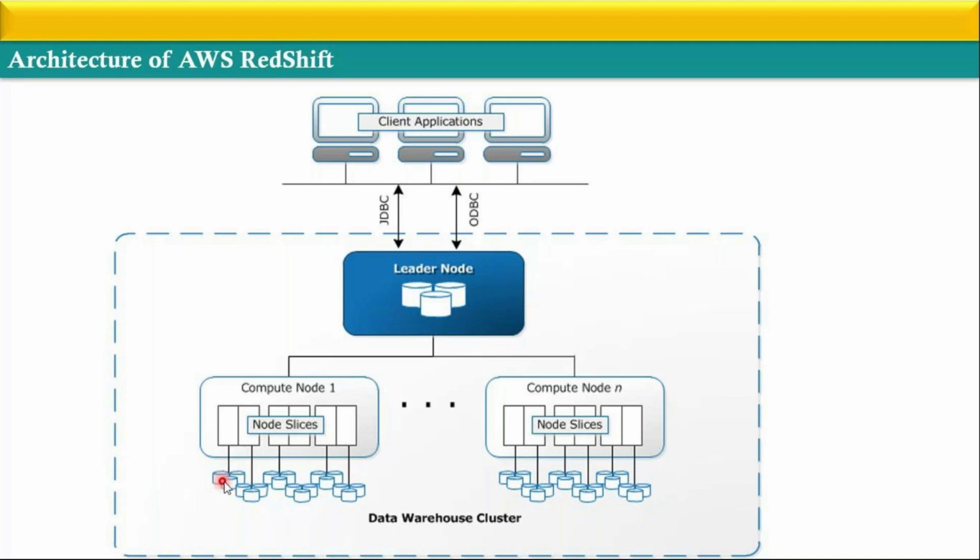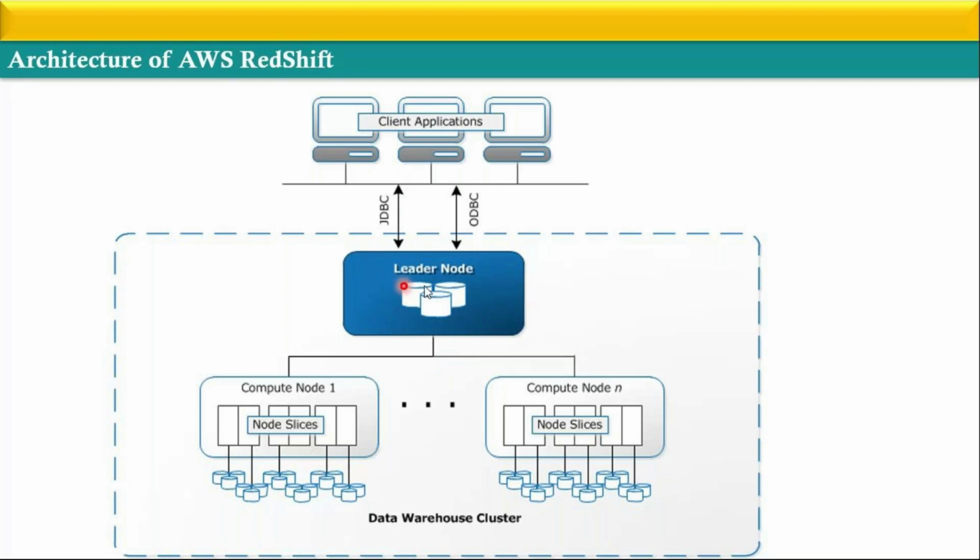In the same fashion, in Redshift we have the master and slave architecture, with multiple slave nodes known as compute nodes, and each compute node is further divided into containers known as node slices. Node slices are nothing but certain processing capabilities with memory, and because of this it provides massively parallel processing, MPP.